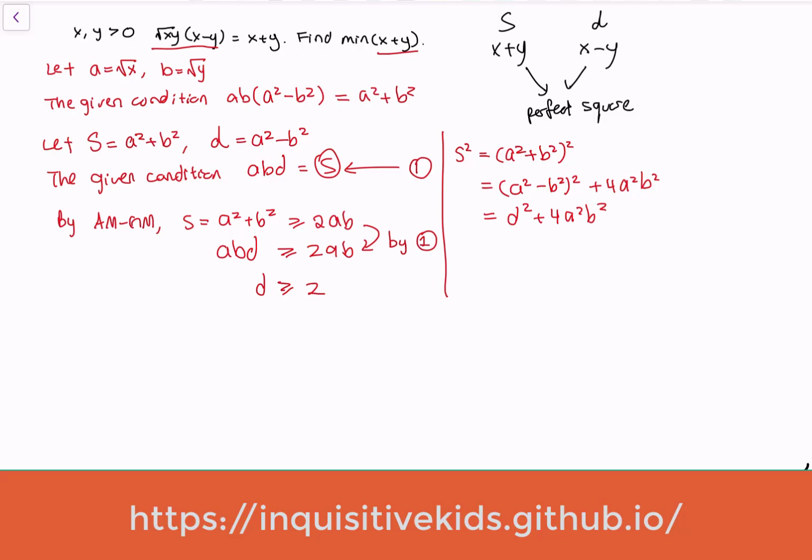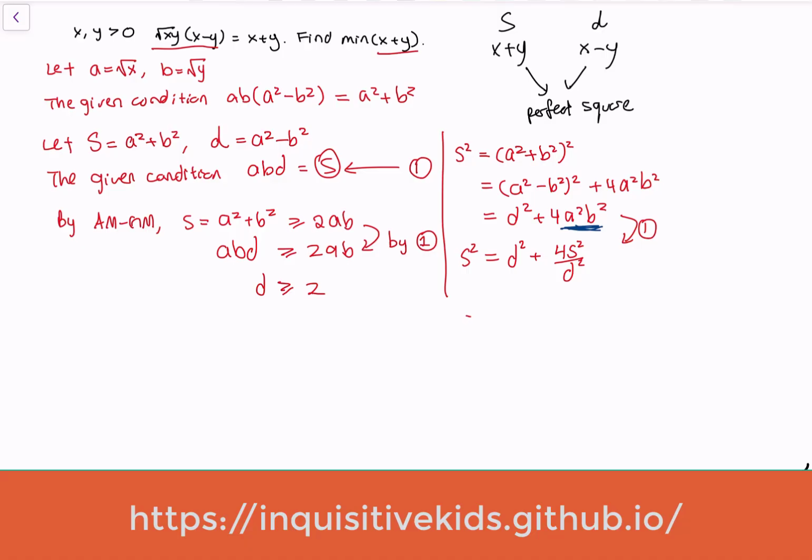Now, how can we rewrite this AB in terms of S and D? Well, from equation 1 that we found earlier, we know that AB is equal to S over D. So this equation can be further rewritten as D squared plus 4 times S squared over D squared. And now we're left with S squared is equal to this expression.